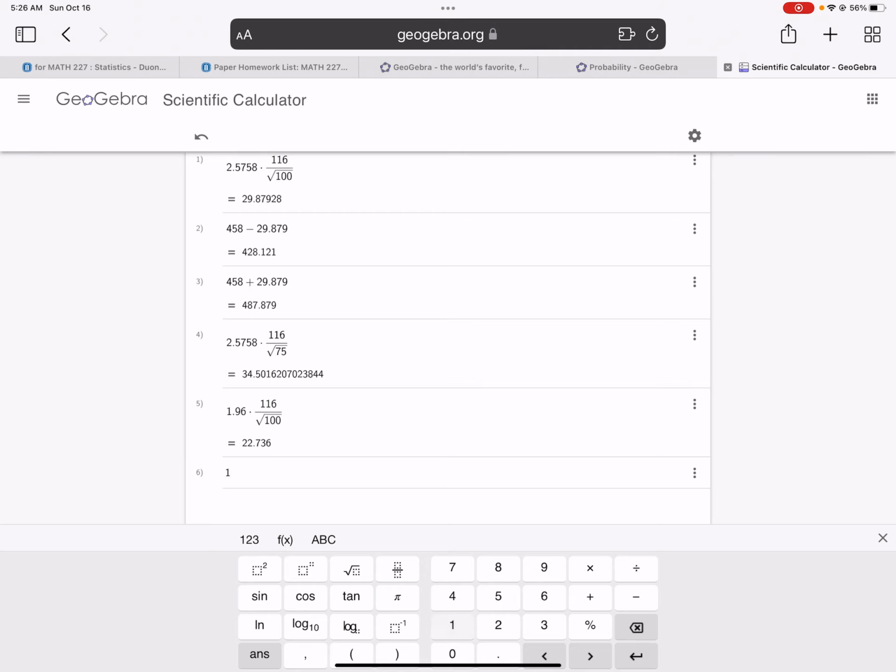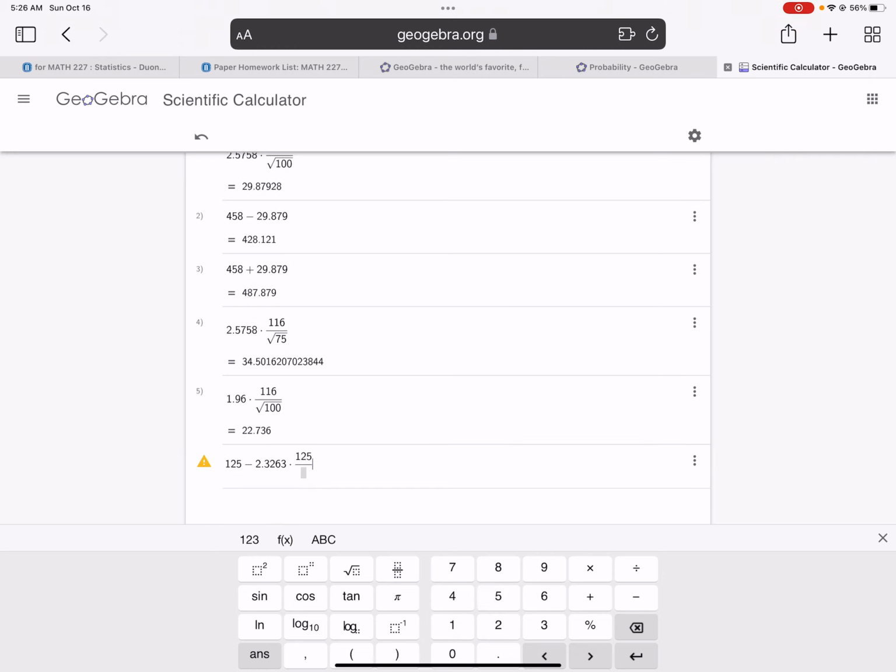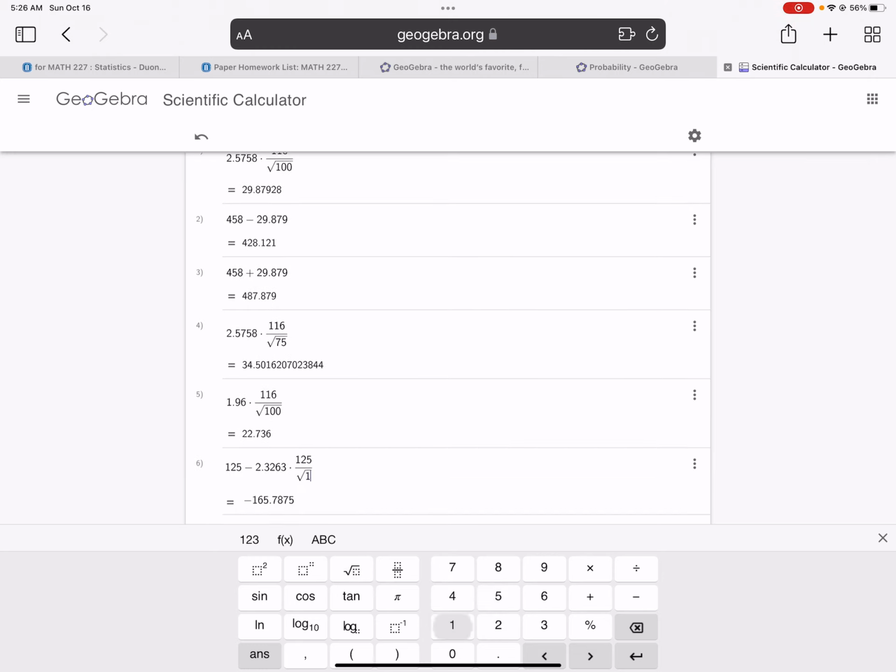So we have 125. Now I do the minus first. Minus 2.3263 multiply 125 divided by square root of 100. I got 95.92.